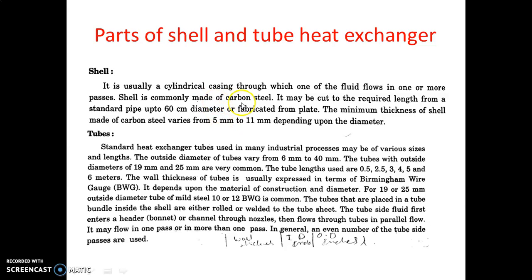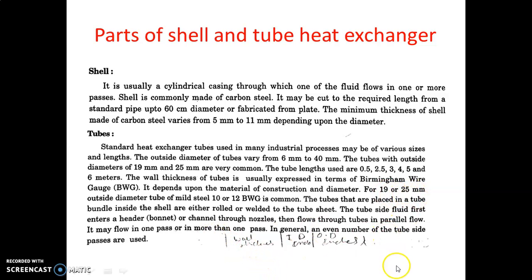The diameter, as we already discussed, is kept between 6 mm to 40 mm. The thickness is given in a BWG number, which is just a number, suppose 10, 12. These numbers correspond to particular diameters, for example 19 or 25 millimeters.